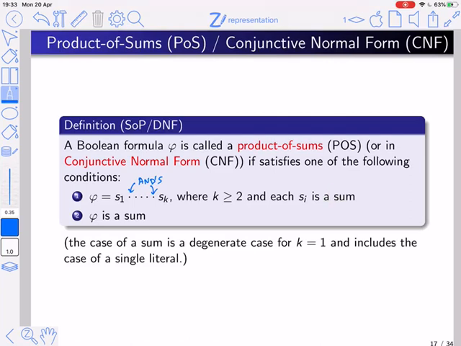That's why it's called a product of sums, because we take sums S1 up to Sk, and we take the and of these sums. For the case that k equals 1, it's also good. If phi is just a sum, then everything is also okay, and it is in CNF or POS representation. That would be the degenerate case.